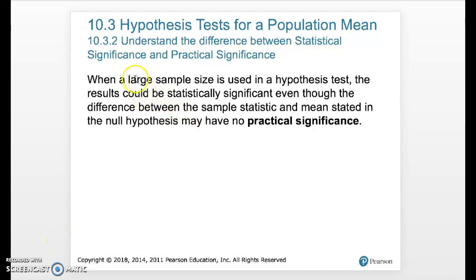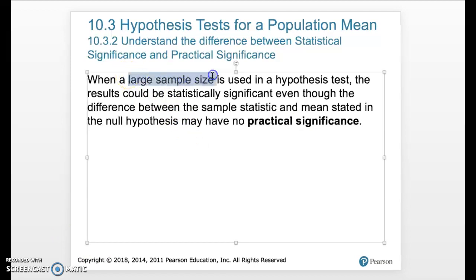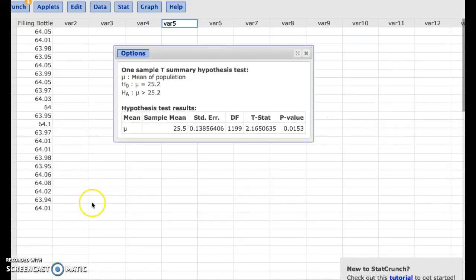Okay, so this is pointing out that the most common place that this can happen is a really large sample size. A large sample size means that when we go to StatCrunch, we're going to see a small standard error, and a small standard error means that the difference between the sample mean and the mean in the null hypothesis is going to have a large t-value or a large test statistic.